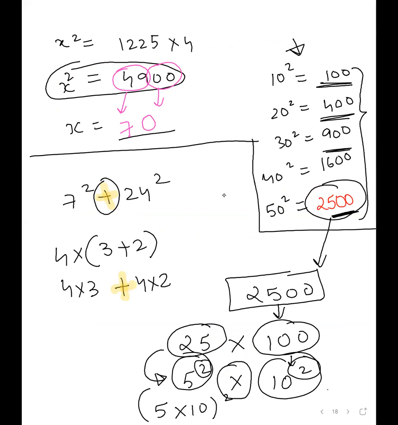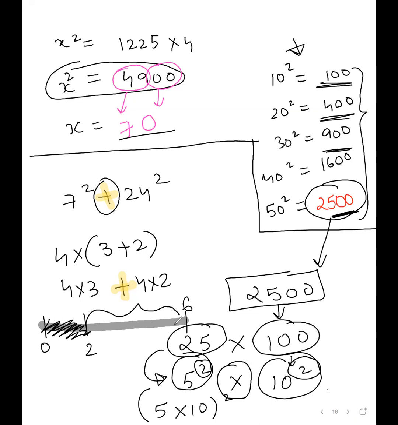Hiba, let's say this is a number line. From here, this is 0, this is 2, and this is, let's say, 6. So from here to here, you know the distance. But from here to here, you don't know the distance. What is the distance from here to here? How much will it be? 4.